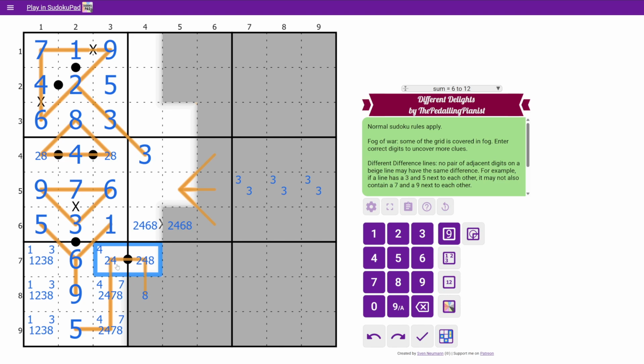So 2, 3, 4, 6 would be the differences. That's 1, 5, 7. This could be 7, 3, 1.